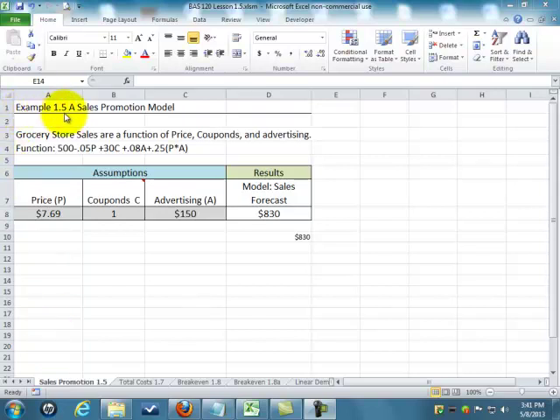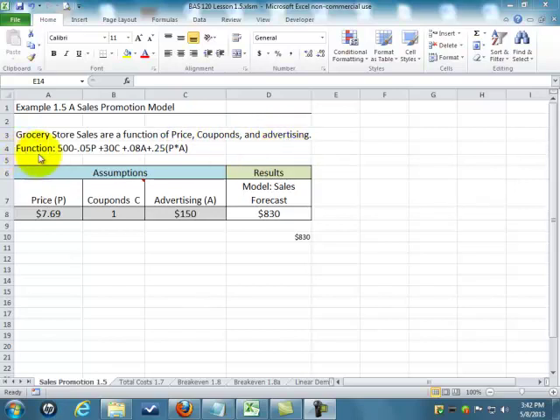Let's start out with example 1.5 of a sales promotion. In this example, we're looking at a grocery store, and we know their sales are a function of the price, the amount of coupons they give, and the amount of advertising they do.